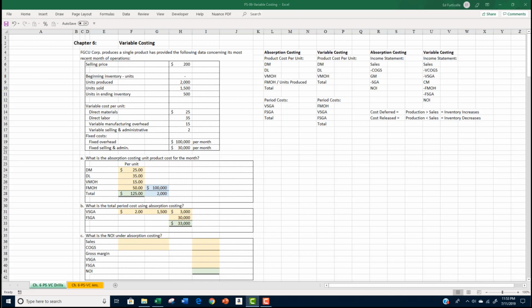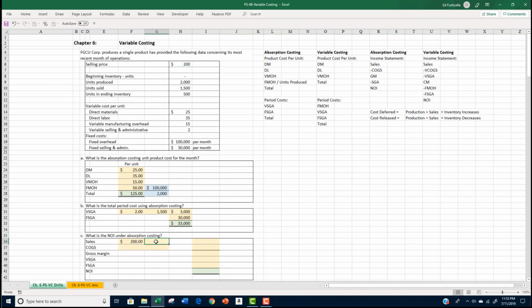So now it's time to determine the net operating income under absorption costing. To determine it, we take sales minus cost of goods sold to get gross margin, minus our SG&A costs, and we get our net operating income. For our sales amount, we take the selling price of $200, multiply it by the units sold of 1,500, and we get $300,000.